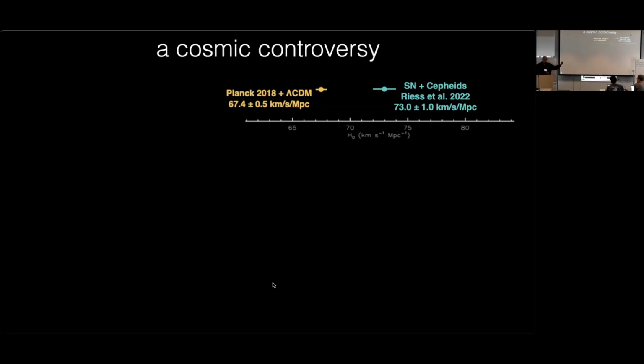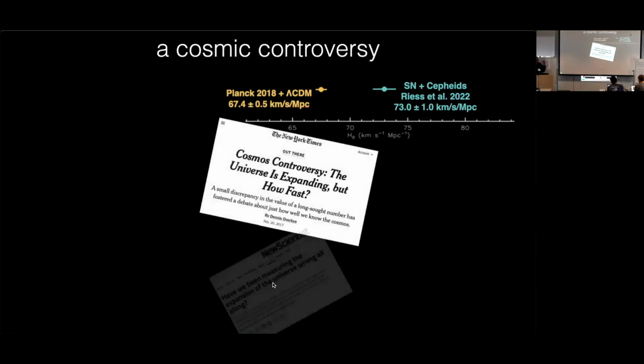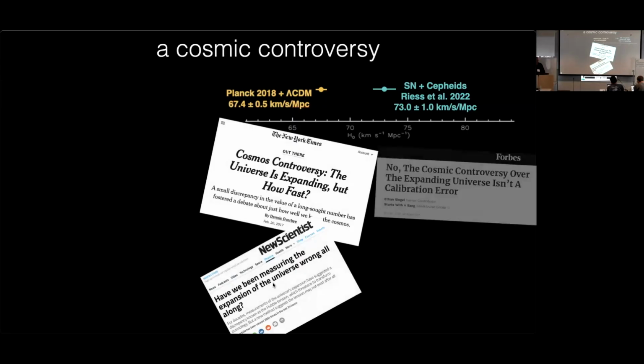You measure the cosmic microwave background, you assume lambda CDM is the right model for the universe, you predict what the Hubble constant today should be from that, and you get 67.4 plus or minus 0.5, exquisitely measured, or inferred. Then you compare it with the actual observations, and they disagree by some amount of sigma. People debate whether it's 3 sigma or 4 sigma or 5 sigma. There's a lot of discussion about this, but it seems like a real issue. Newspapers write articles about it.